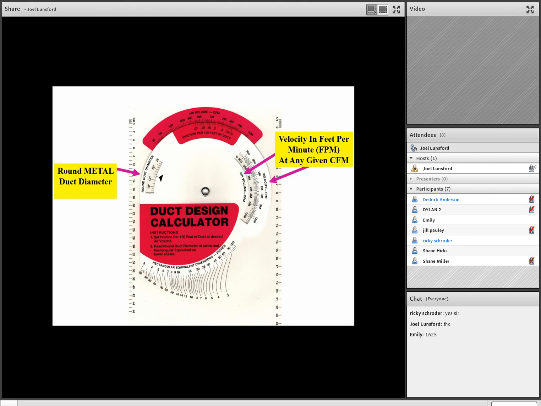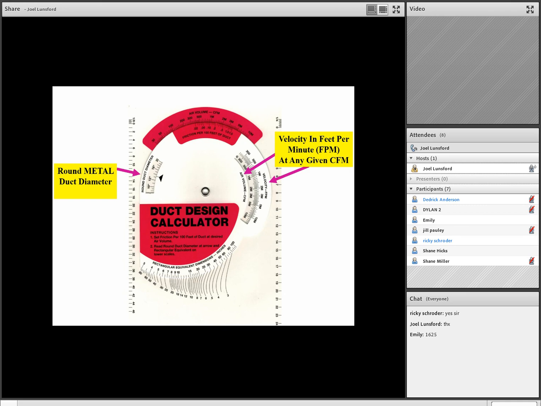Now, if you'll take your duct calculator back to where we had it a minute ago, where we lined up in our example on our PowerPoint screen 500 feet a minute velocity and 500 CFM air volume, we see we need about a 14-inch duct. Now, the third component on the duct calculator is equivalent duct size.